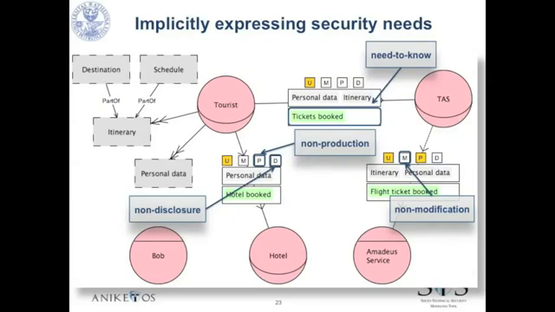When modification is not passed as an allowed operation, then a security need of non-modification of this information is expressed. And similarly for production and distribution. So when tourist is authorizing hotel for using his personal data, he's actually expecting hotel not to modify, not to produce, and not to distribute his information for any reason.